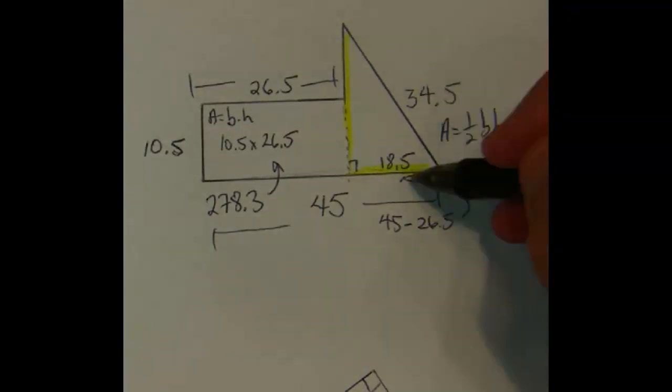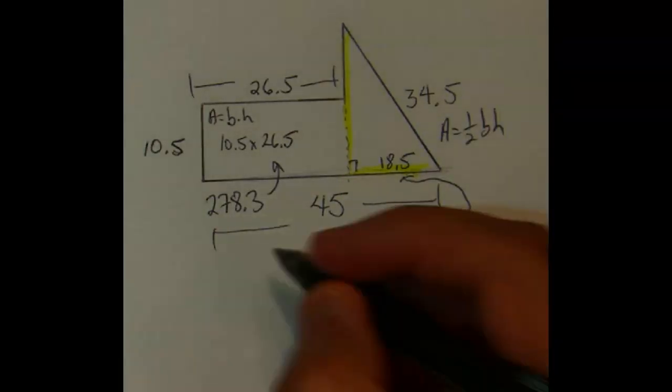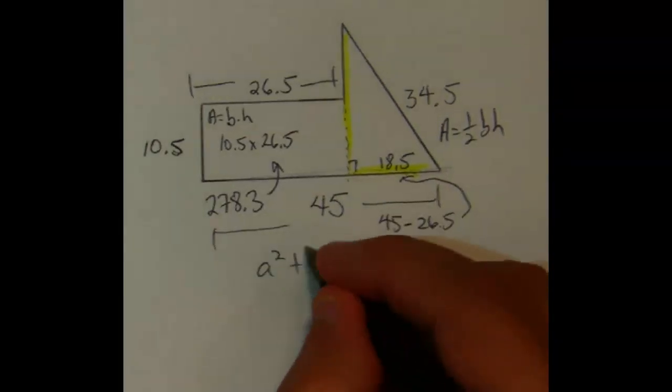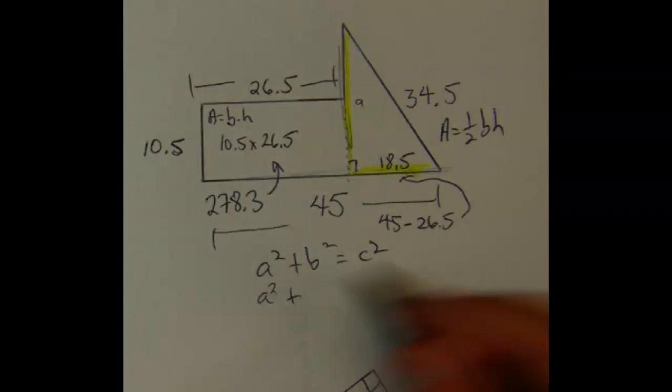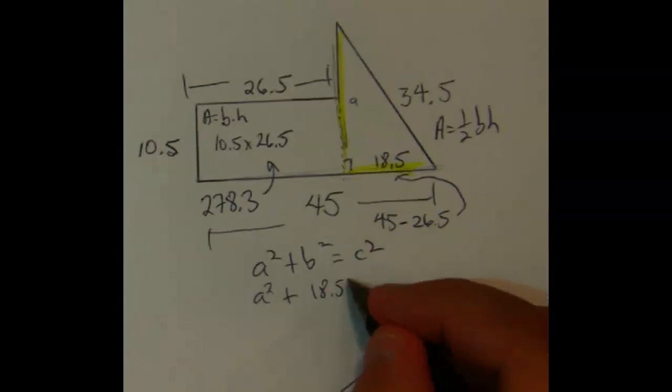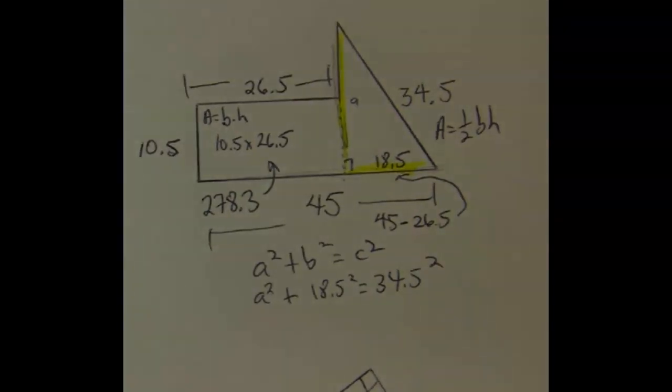So what we're going to have to do is the Pythagorean theorem. We have a squared plus b squared equals c squared. We're going to call this a. So a squared plus 18.5 squared is equal to 34.5 squared.